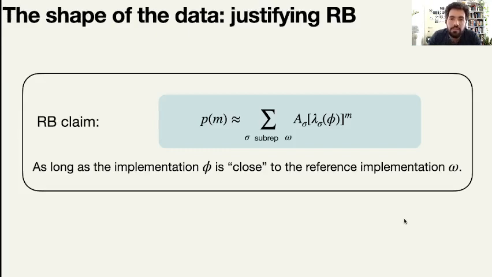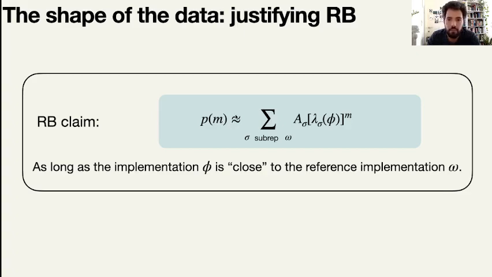So the claim is, as I said, this isn't necessarily guaranteed by the structure of randomized benchmarking itself. You have to make some assumption on your gates, on the way the noise behaves. And the folklore idea, which has been proven rigorously in some cases, is that as long as the implementation, the thing you actually do, is somehow close to the thing you want to do, the reference representation, then this generic linear combination of exponentials formula holds, at least up to a very good approximation.